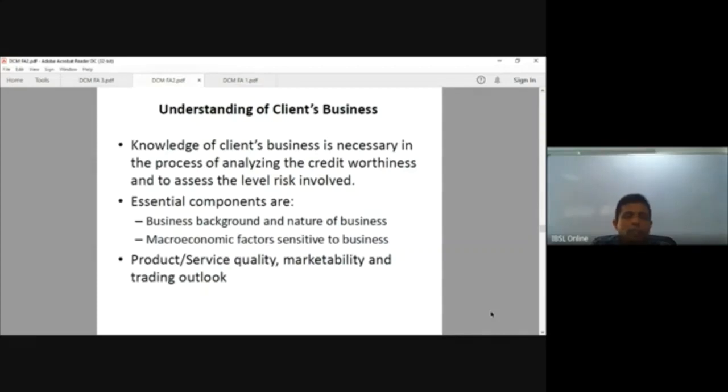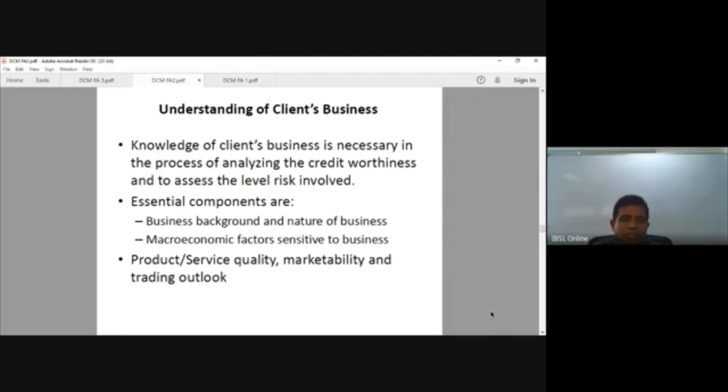Then point number two, macroeconomic factors sensitive to the business. Not only the current business, take all the macroeconomic factors which may be sensitive to the business that you are going to propose a loan. Therefore, having good business understanding about the particular area is of utmost importance when you are doing a credit analysis.